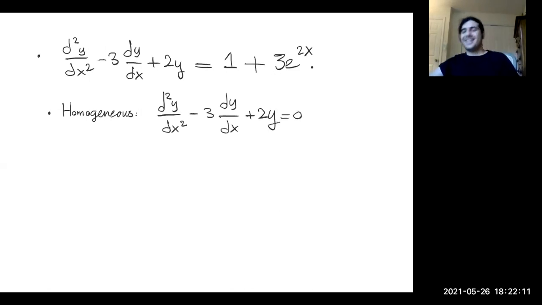I think I would prefer to make the question slightly different. I would tell you why I'm doing that, and I would come back to solve this problem. So maybe rather than having 3 times e to the 2x, it would be great if we have, say, e to the 3x. Let's change the question slightly. We would come back to this question, okay? Because it makes the question slightly easier.